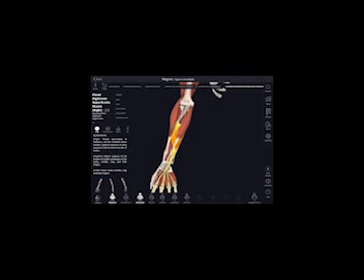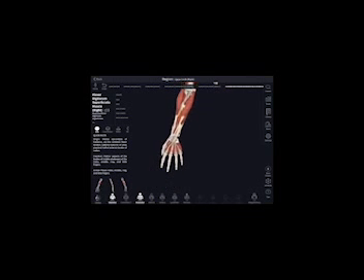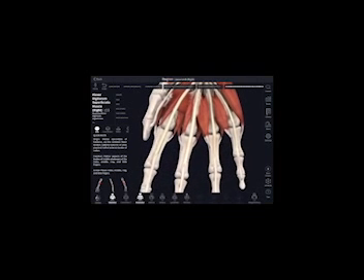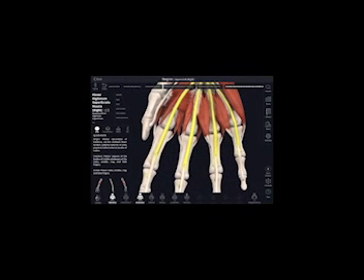The superficialis, as the name indicates, is more superficial compared to profundus, and the insertion point is different. So I'm going to zoom in here. Superficialis inserts to the middle phalange, and as it does, it splits into two different tendons that insert to the middle phalange.